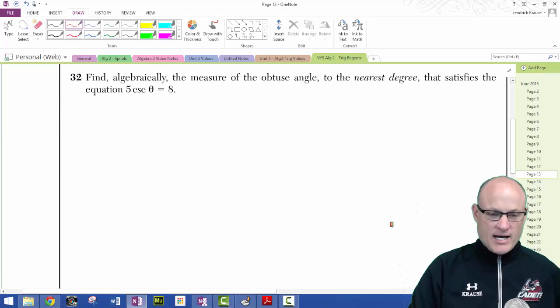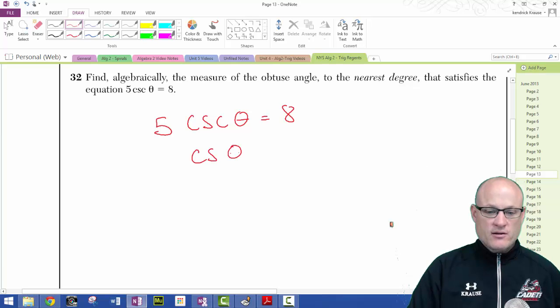All right, so I'll do this problem like this. 5 cosecant theta equals 8, or cosecant theta equals 8 over 5. Or cosecant is really 1 over sine theta equals 8 over 5.